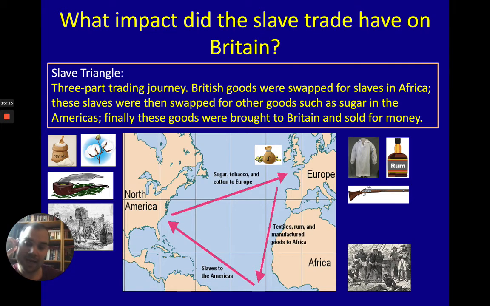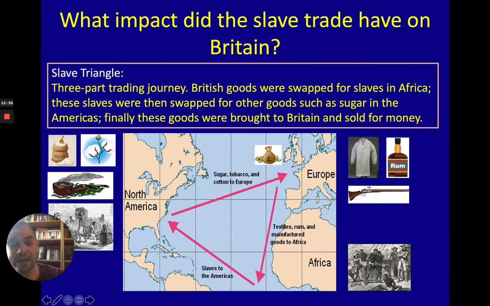Okay, so what would normally happen is you'd have an African state would enslave an enemy tribe or an enemy African state. They would then sell them into slavery, and they would trade them for these goods the Europeans would bring with them. Okay, so the ships would leave England with these goods. They would then swap them for slaves on the coast of Africa. They would then take them across to the Caribbean and North America.